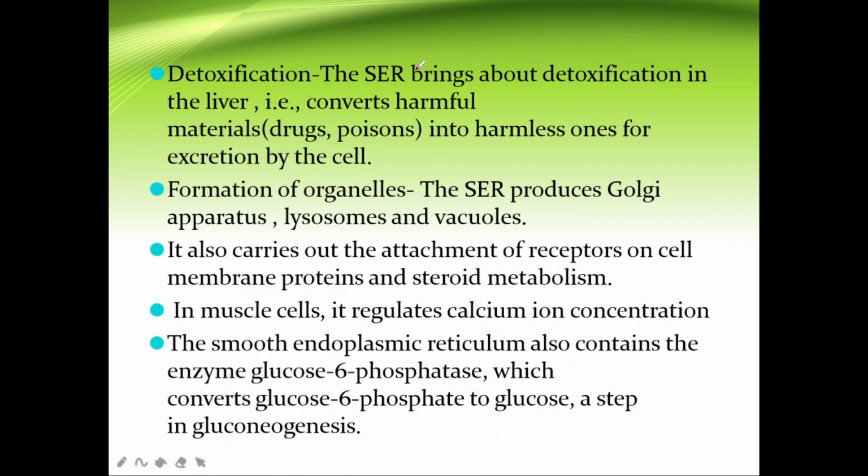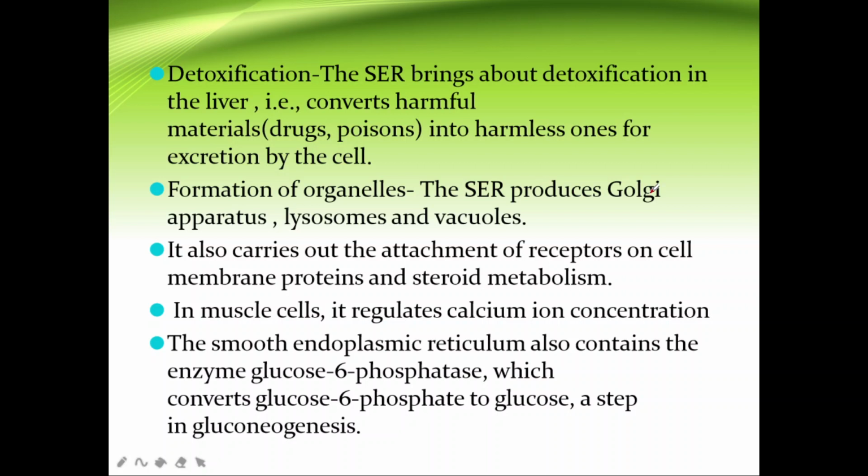Detoxification: the SER brings about detoxification in the liver, that is, it converts harmful materials, drugs and poisons into harmless ones for excretion by the cell. This important function of detoxification is performed by smooth endoplasmic reticulum.